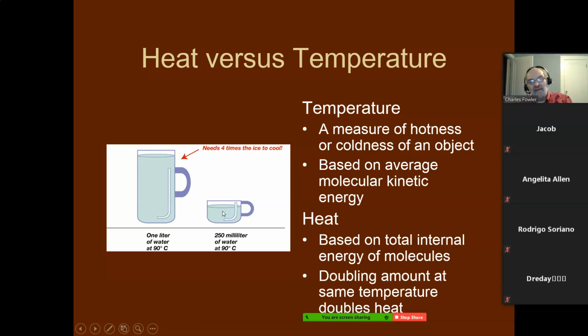Okay? Now, another way to look at it is, this is a really gross exaggeration. Let's say you had a bathtub full of water, but it's warm water. Okay? Not hot water, but warm water. You also had a thimble. I don't know if any of you have watched your mom or grandmother sew or something.